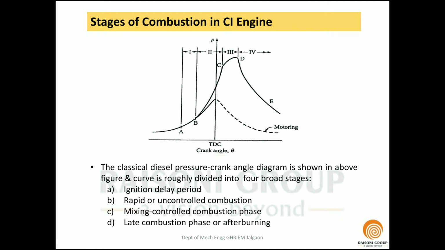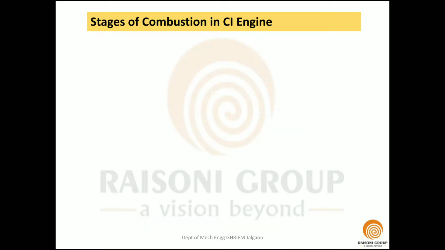It is represented by point C to D. And the last phase, the fourth phase, represented by D, is the late combustion phase or afterburning. It ranges from point D to E. Now we will see these four stages individually.